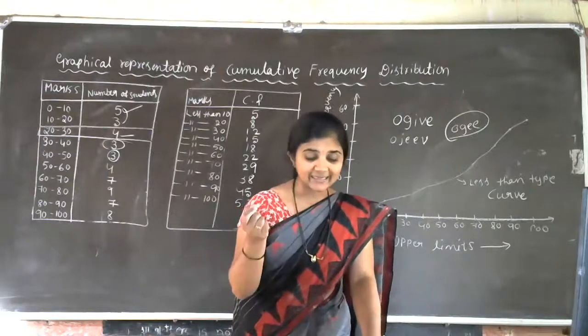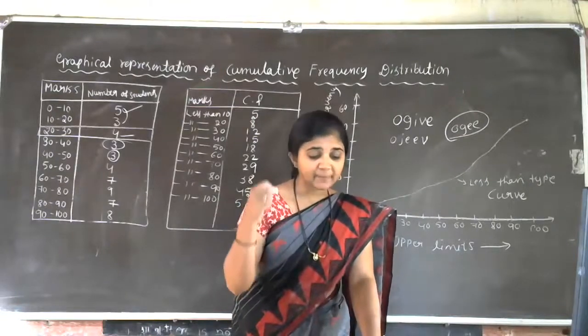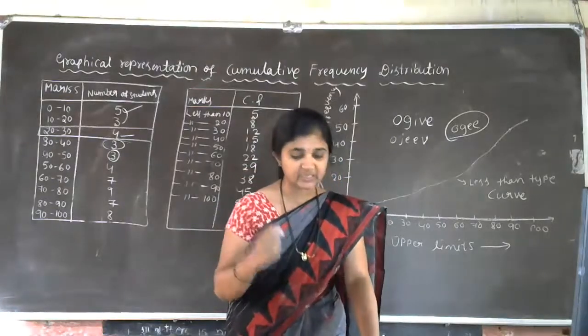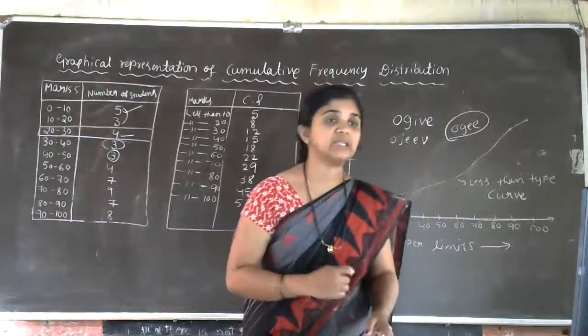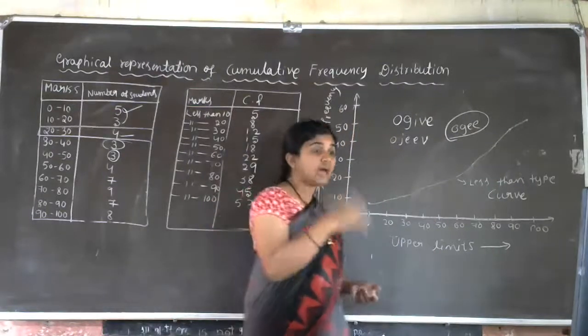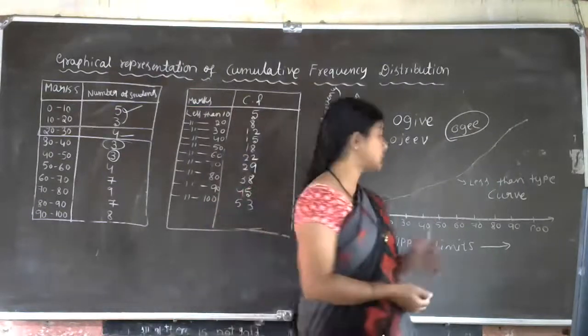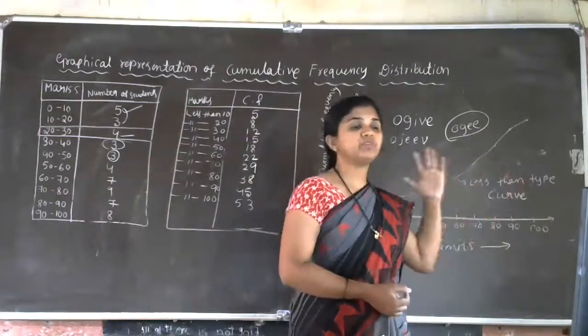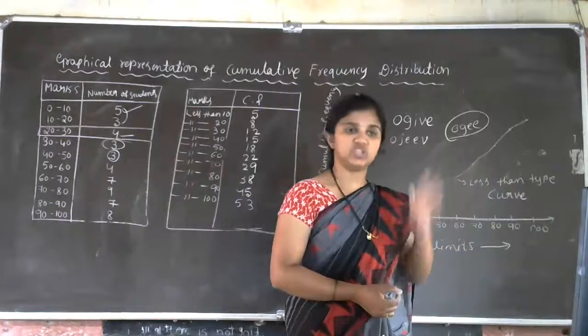In architecture, the ogi shape is one of the characteristics of the 14th and 15th century Gothic styles. In the 14th and 15th century, in the architecture field, they used this ogi, but we are pronouncing this as ogive.